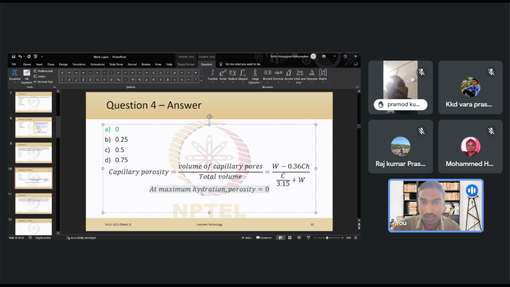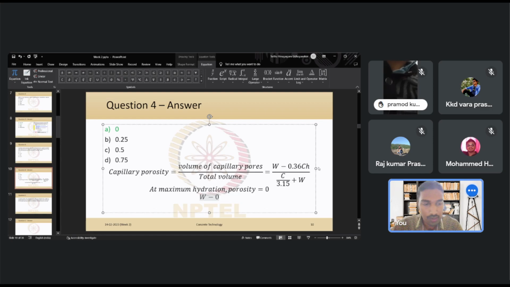So what does that mean? If porosity is 0, then the volume of capillary pores should be 0. So if you equate this capillary porosity to 0, the numerator should be 0, because the initial volume is not 0.